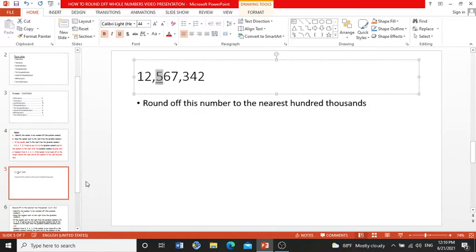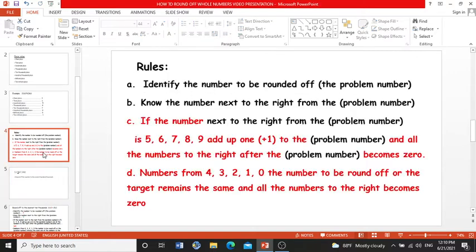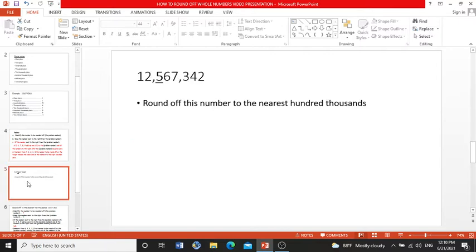Now, the next rule is know the number next to the right from the problem number. Okay? So, in this example, what is the next number? 6 or 7? 3 or 4 or 2?